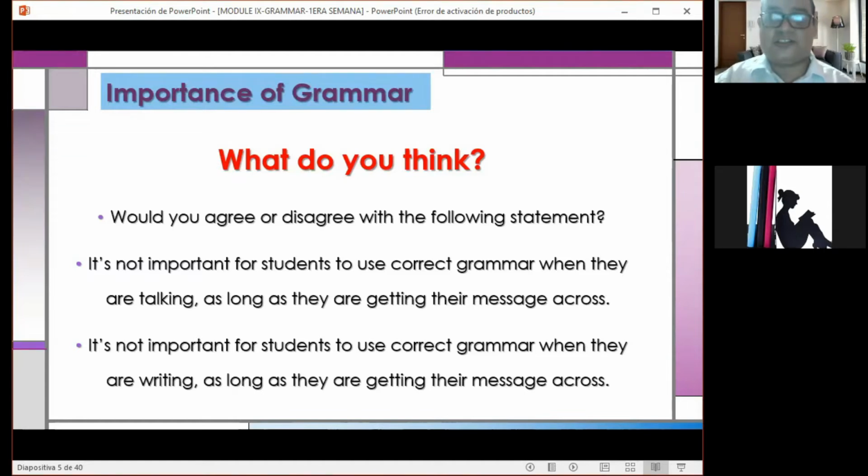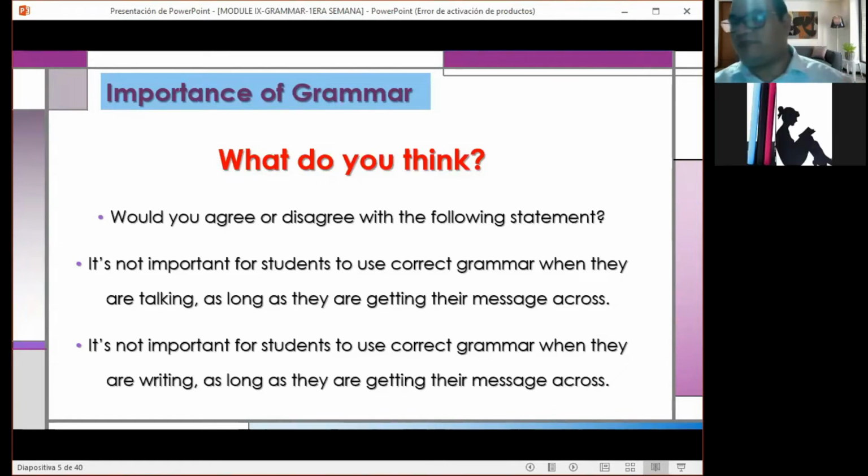And we as teachers sometimes use this kind of grammar, the prescriptive one, because we check our students' production, in a speaking or in a written way. And the other one is the descriptive grammar. So it means the grammar that we actually use when we speak or when we write. So we have these two kinds of grammar. All right, that's good. Very good.